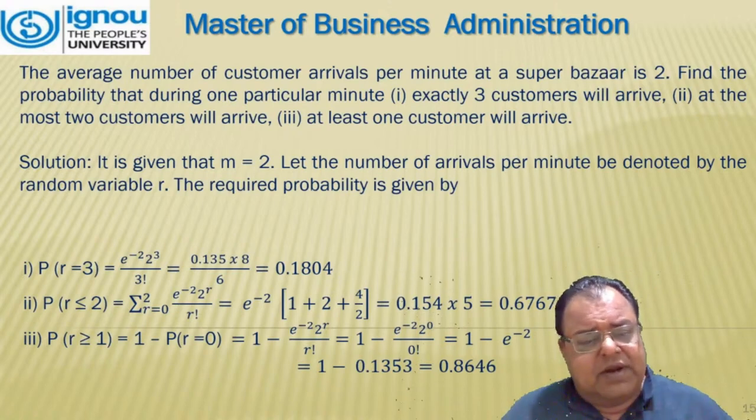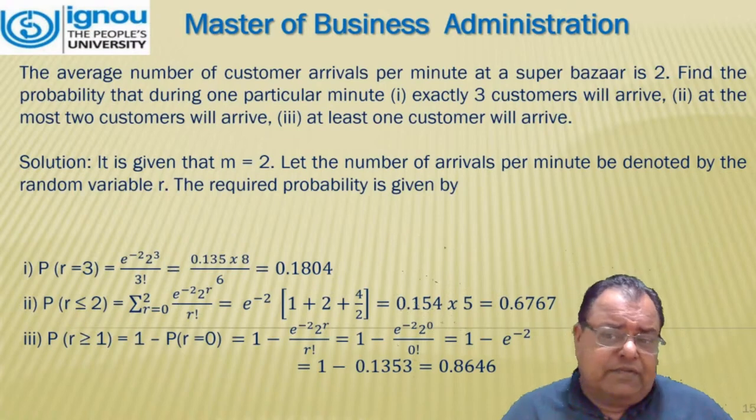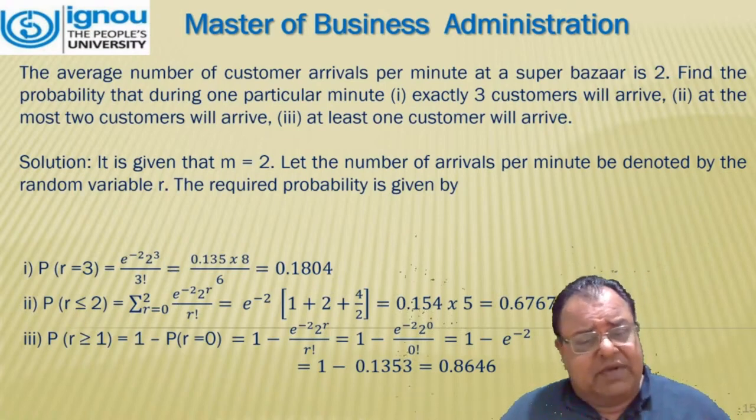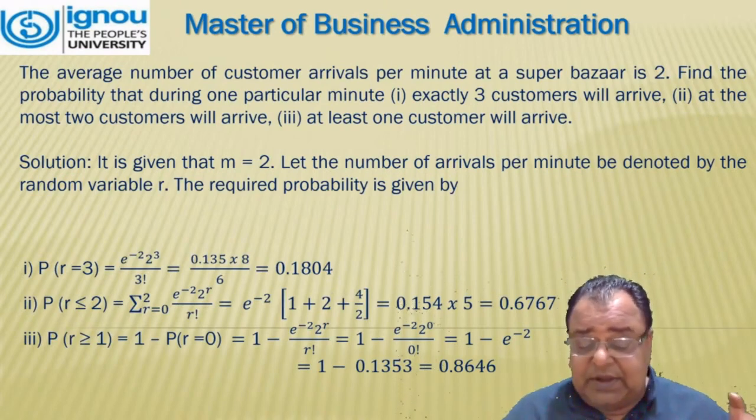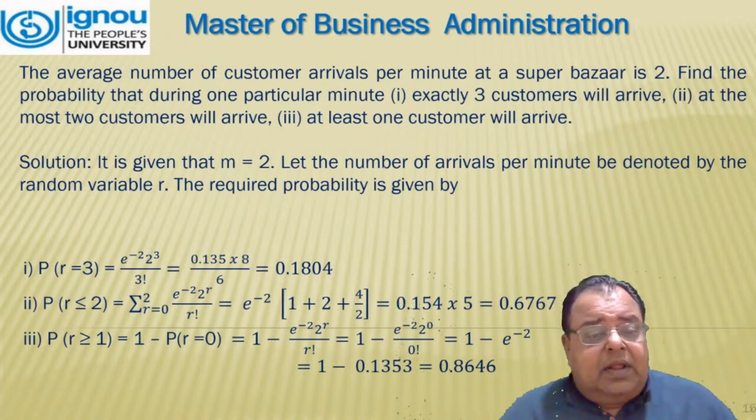Now we have to calculate the probability. In the first case, exactly 3 customers will arrive, that means r is equal to 3. We will be referring to the Poisson formula: e raised to the power minus lambda into lambda raised to the power r upon r factorial. That is the basic formula.